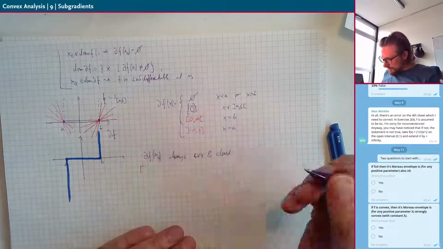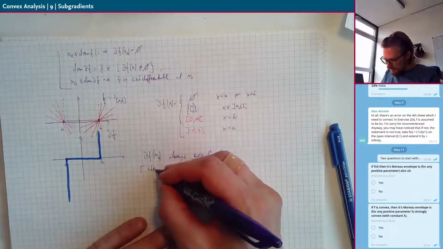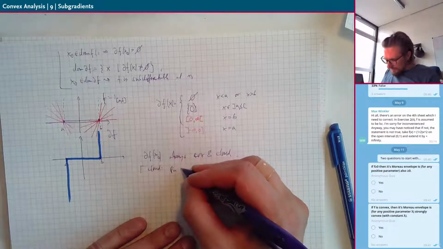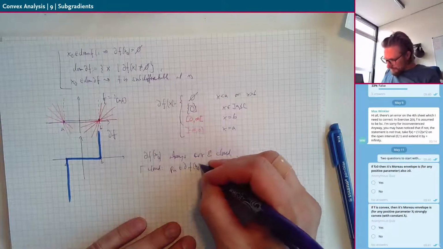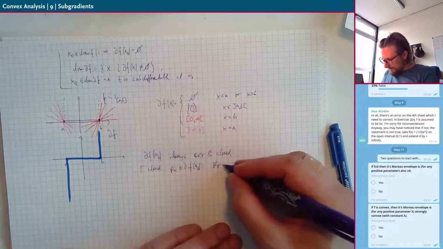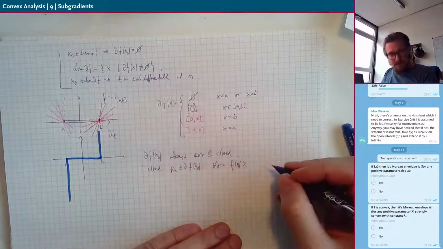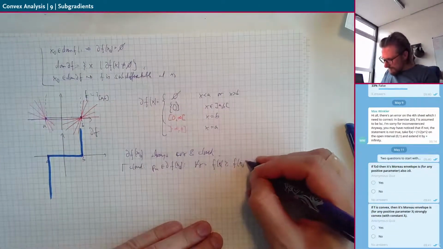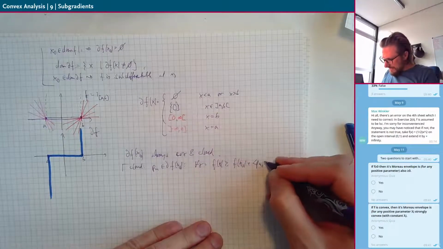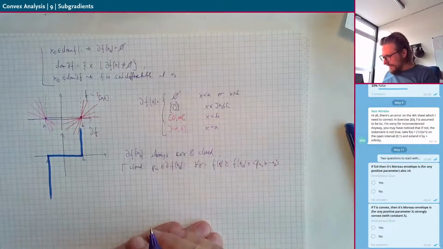Okay, to show it, let's first show closed. If you have Pn in the subgradients, it means that for all x, you have f of x larger or equal to f of x0 plus Pn times x minus x0.